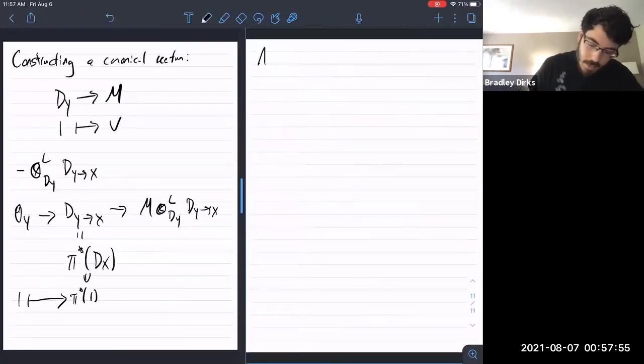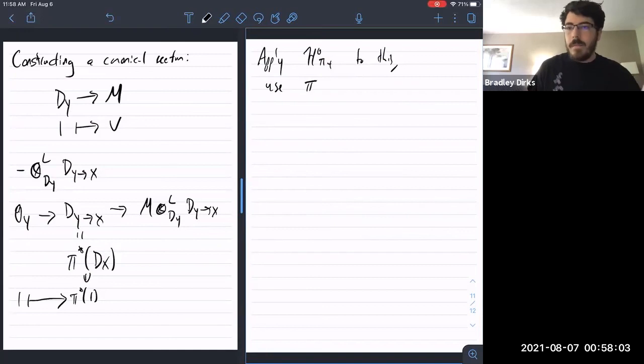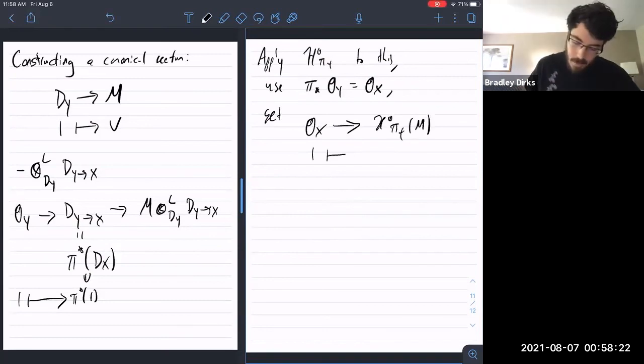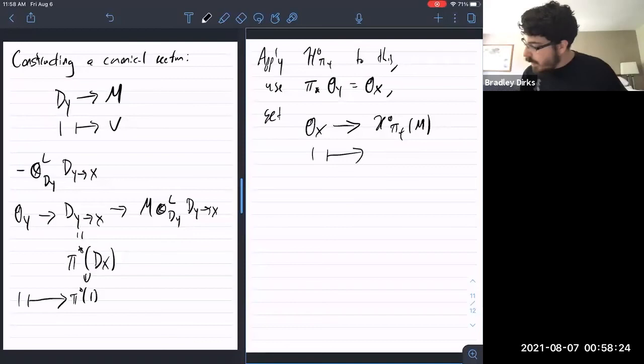But when we apply H^0 pi lower plus to this, and we use something from algebraic geometry, that when you push forward the structure sheaf along this sort of proper birational map, and X is smooth, you get back the whole structure sheaf here. We get a canonical section of this module. And I'll say that 1 maps to, should I call it W?